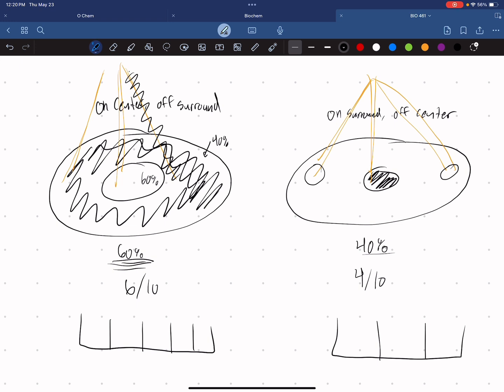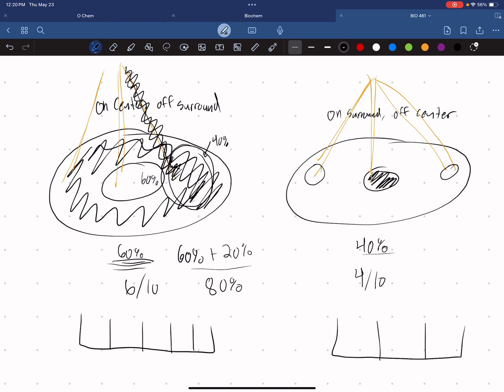So say for this example, if we cut out this section, then our 60% of the on center is still going to be activated because of that light. But we also have no light coming to this 20% here from this surround. There's no light here, and because it's off, it will also contribute its 20% of action potential. So we will have an 80% here.